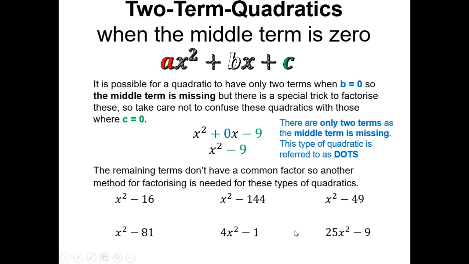But all of these are considered DOTS. Where the middle term is missing, I've got x squared minus some number. They're all the x squared term and some number, except for this one and this one. There's a little bit more than just x squared there. We'll get into that too. But these are all DOTS, and they need to be factorized a different way.